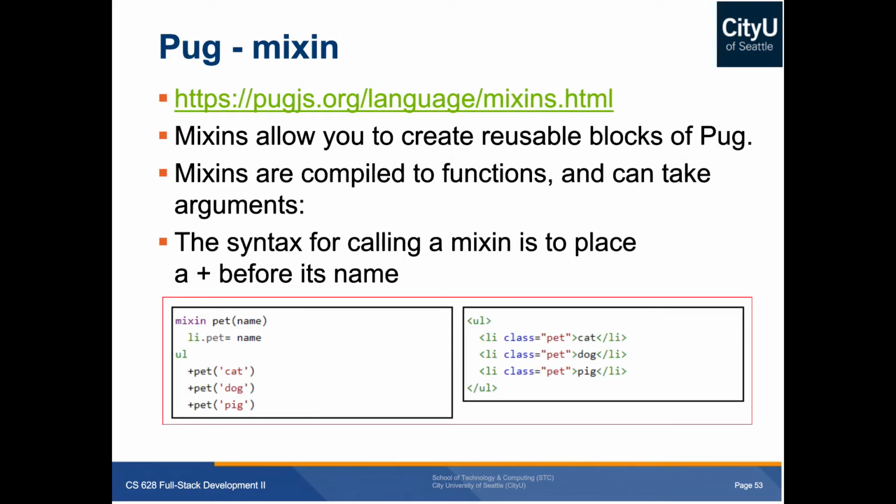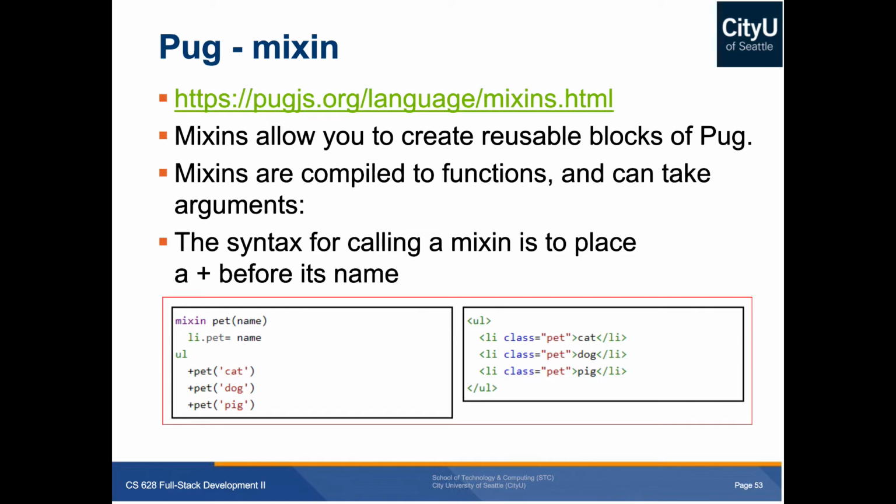So a mixin allows you to create reusable blocks of pug. Think of it like layouts. Mixins are compiled to functions and can take arguments. And the syntax for calling a mixin is to place a plus operator before its name.